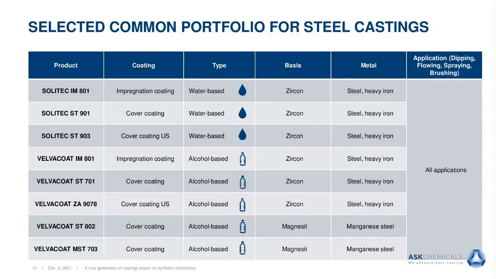On the alcohol-based coatings, we have Velvacoat IM801, an impregnation coating based on alcohol and zircon. And as a cover coating, ST701, or in the States, the CA9078. And for manganese steel, we have the Velvacoat ST802, and in the States, MST703.